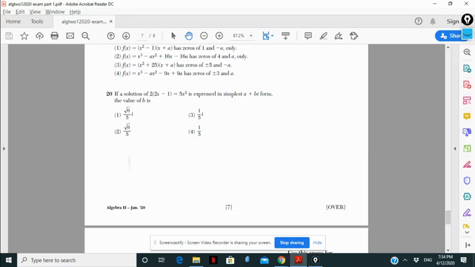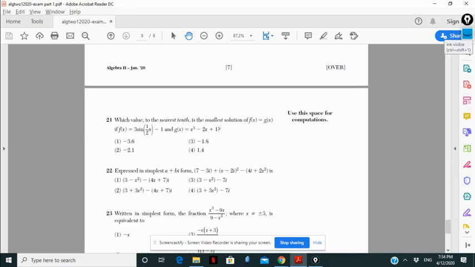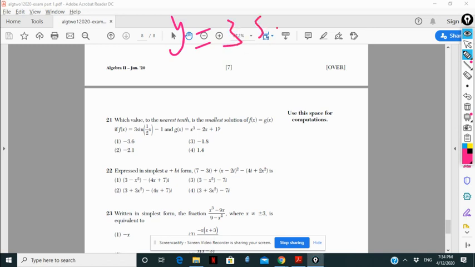Question number 21. Which value is the nearest to the smallest solution? The easy one here, I go for the calculator, y, and write y equal to, first one, 3 sine half x, and y equal to x cubed minus 2x plus 1.